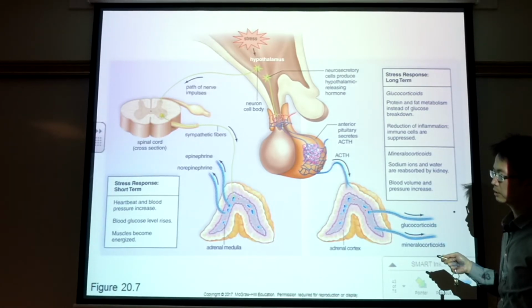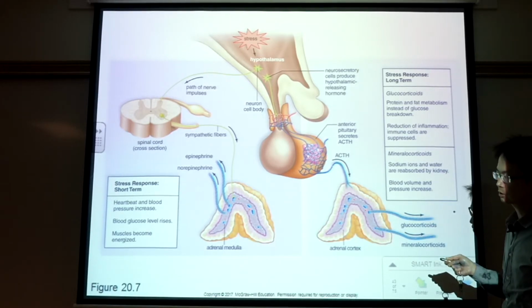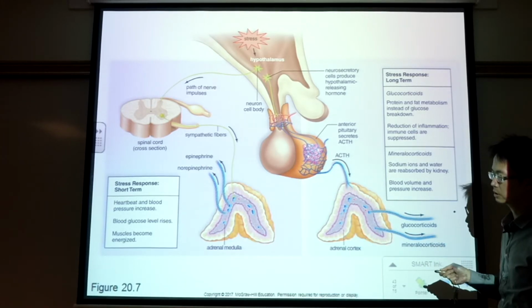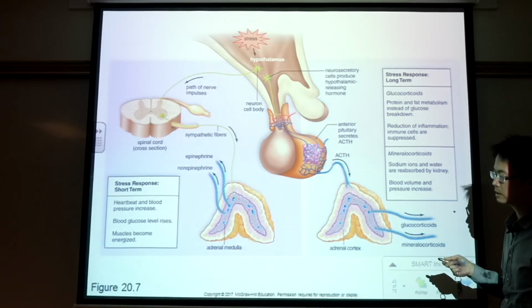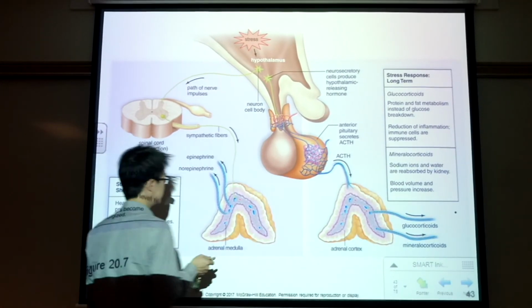It has direct innervation to the adrenal medulla. The preganglionic sympathetic neuron directly innervates the adrenal medulla, so the adrenal medulla can secrete adrenaline, epinephrine, and norepinephrine. This is the short-term fight or flight response.